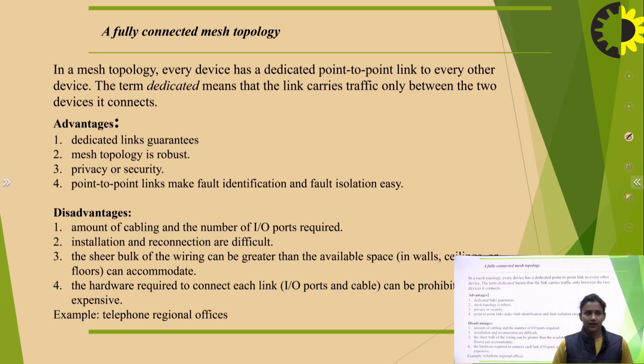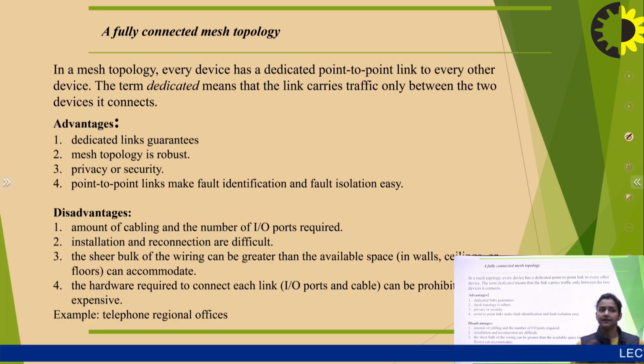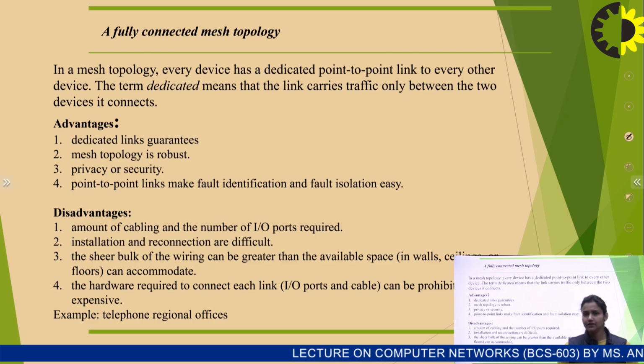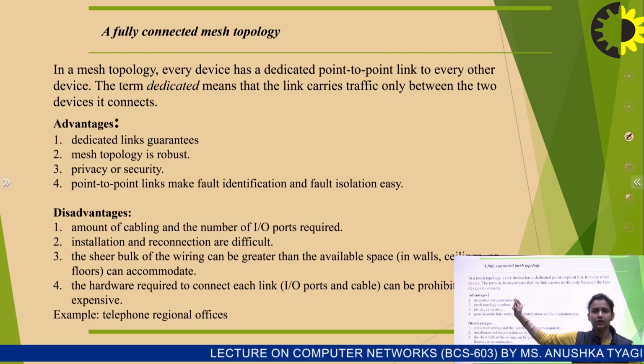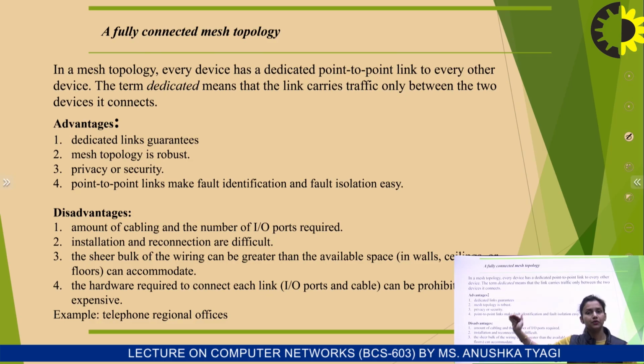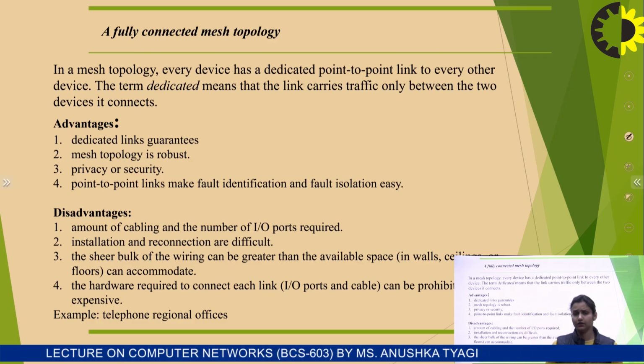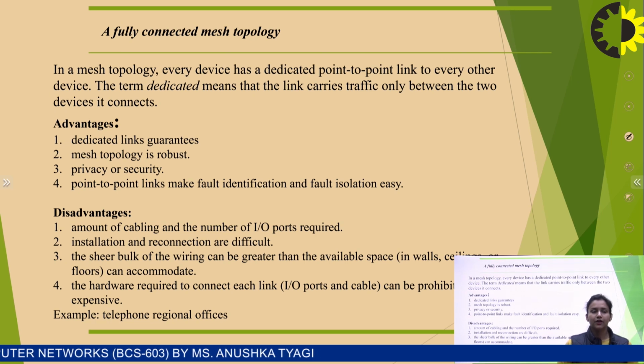We have some advantages and disadvantages. Everything in the world has some advantages and disadvantages. Advantages of this: dedicated links guarantee data delivery. Mesh topology is robust, very strong. Privacy or security is good, because we are sending a message directly from node to node. The point-to-point links make fault identification and fault isolation easy.